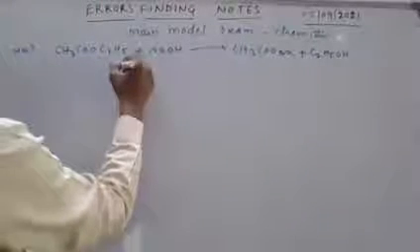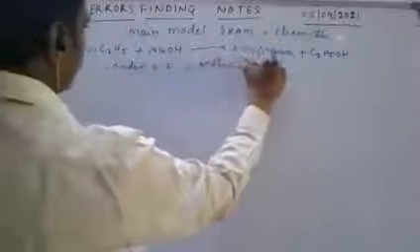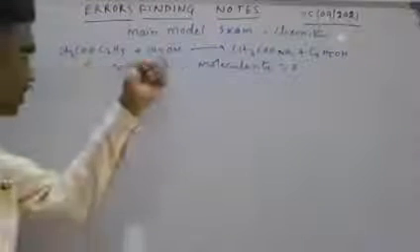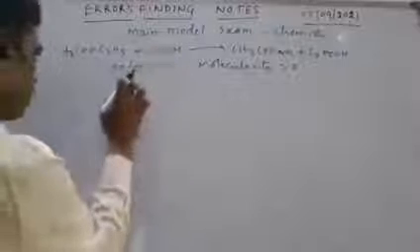Here order is 2 and molecularity is also 2, a bimolecular second order reaction. If it is ester hydrolysis in the presence of acid, that is order 1 and molecularity 2. Here this is a basic medium, so order 2, molecularity 2.